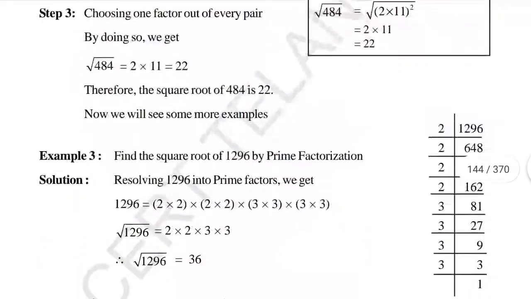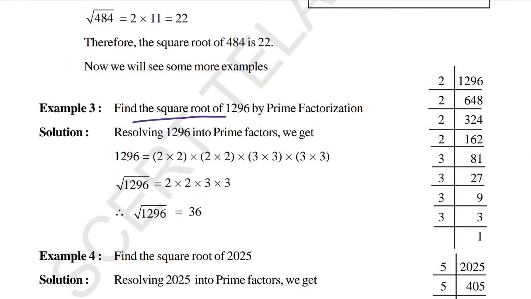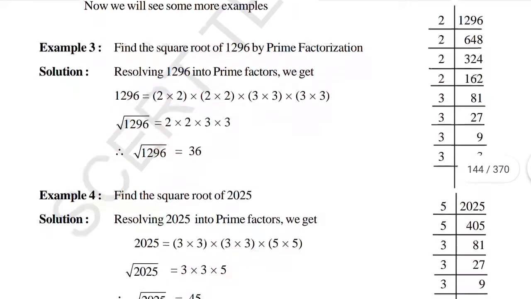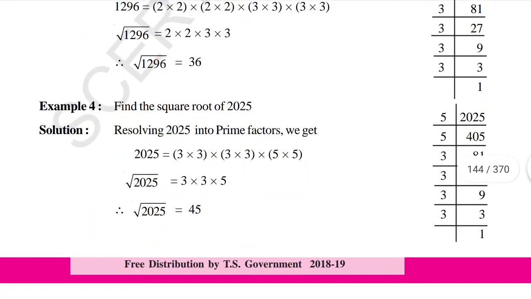Next, example 3. Find the square root of 1296 by prime factorization method. Here is the rough work and here are the pairs. From each pair we take one number: 2, 2, 3, 3, and the answer is 36. Next, example 4: find the square root of 2025.